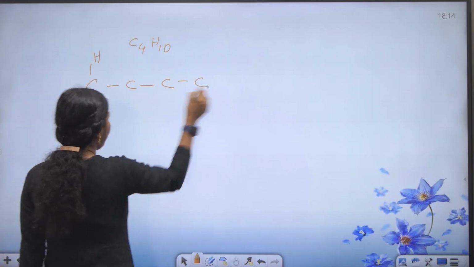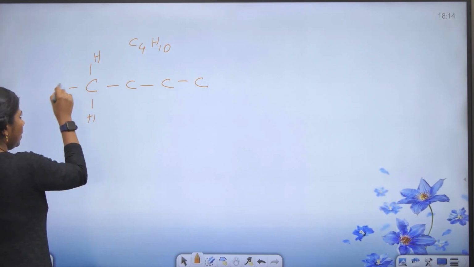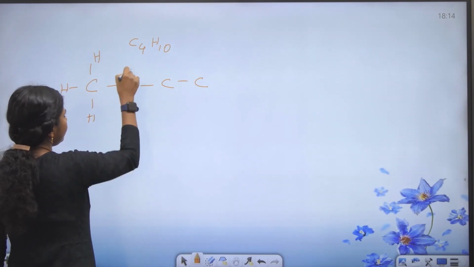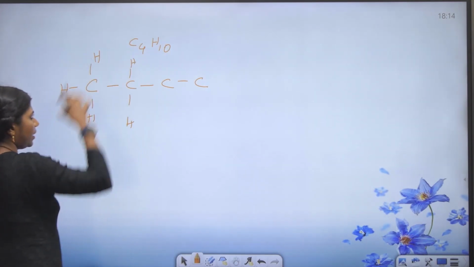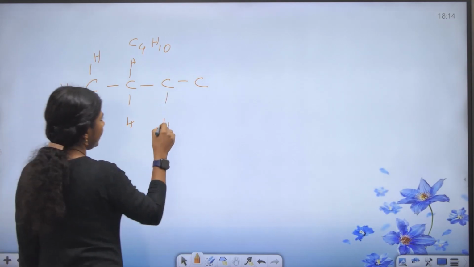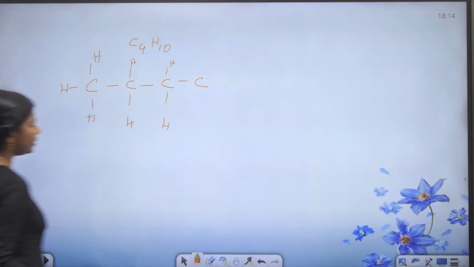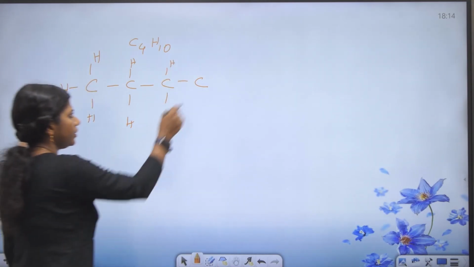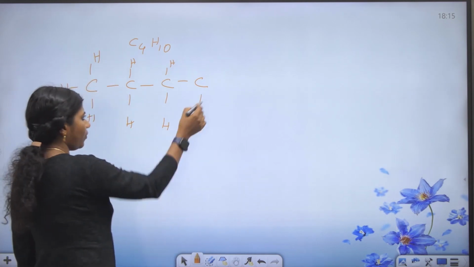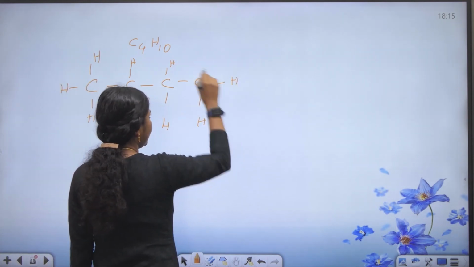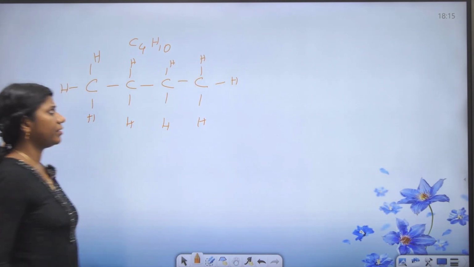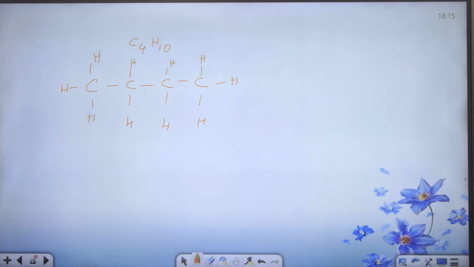It has 4 carbon atoms. The first carbon atom is connected to 3 hydrogen, the second carbon atom is connected to 3 hydrogen, and the fourth carbon atom is connected to 3 hydrogen. The second and third carbon atoms are connected to 2 hydrogen atoms. This is the structure of butane molecule.